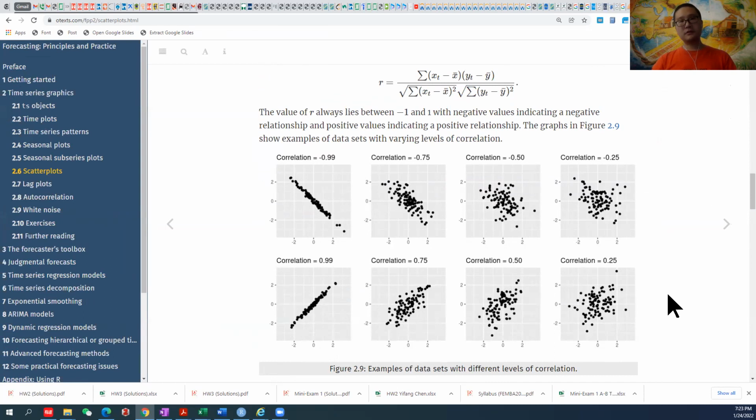And you can also tell from the scatter plot how strong the relationship is. This strength can be revealed by how close the dots are centered around a trend line. If it's almost a perfect linear relationship where the correlation coefficient equals either positive or negative 0.99, then all the points are centered almost along the trend line.